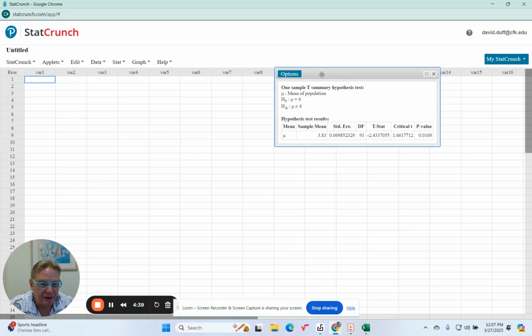And you can see our critical t-value in a two-tailed test would be plus or minus 1.66. Negative 2.43 is in the rejection region to the left of negative 1.66. And we have a p-value of 0.0169. That is clearly less than 0.1.